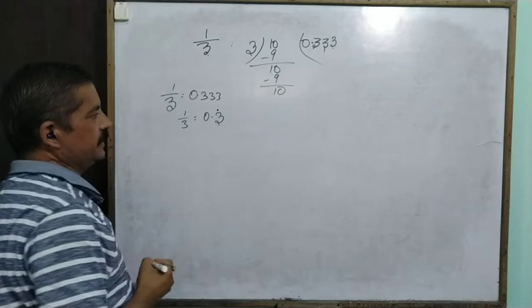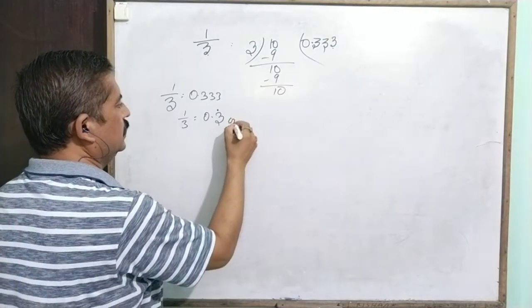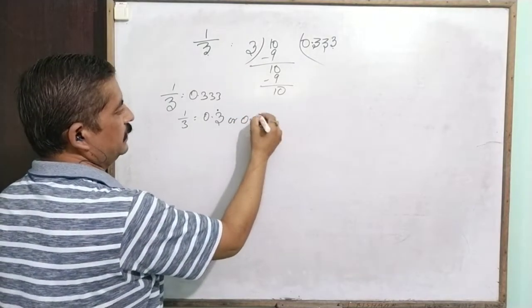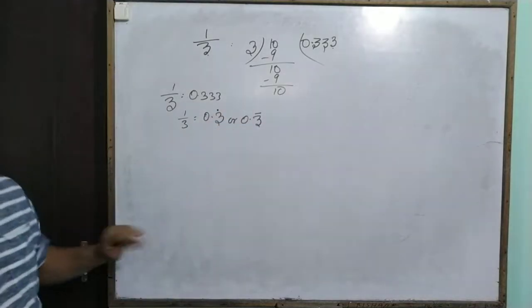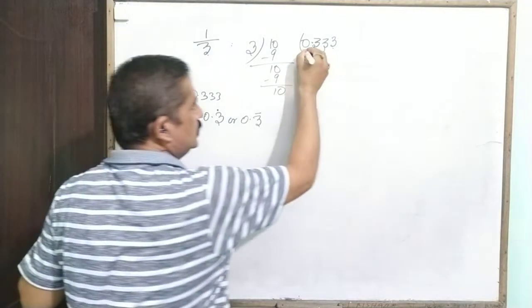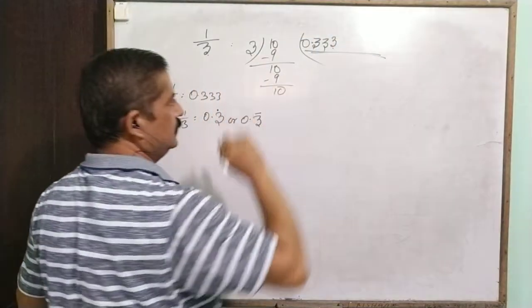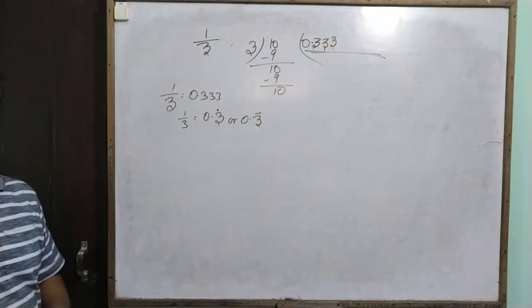Some books write only one dot, or 0.3 bar. That is a non-terminating but repeating decimal.